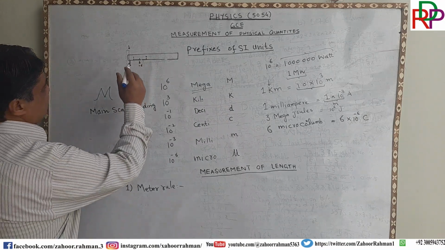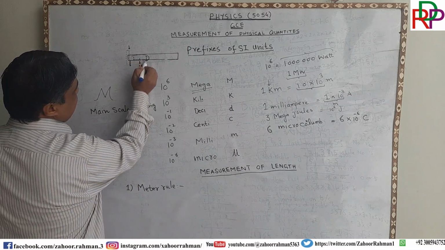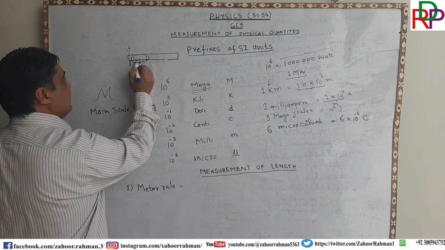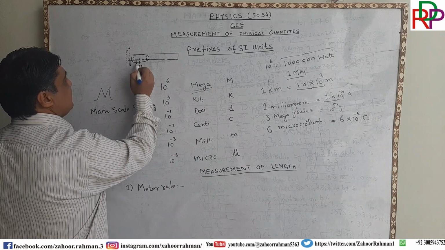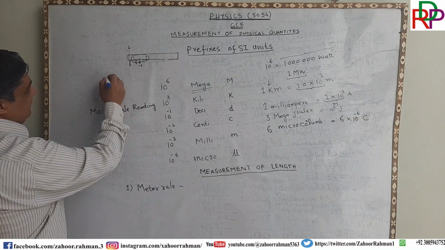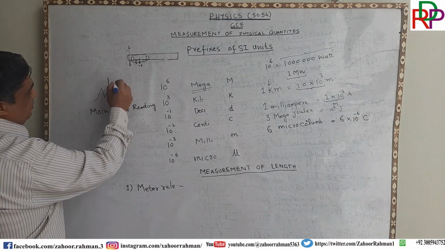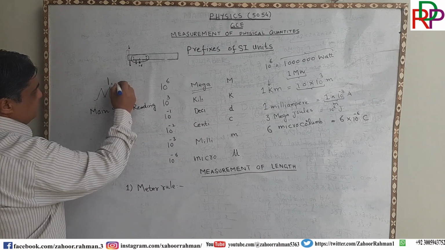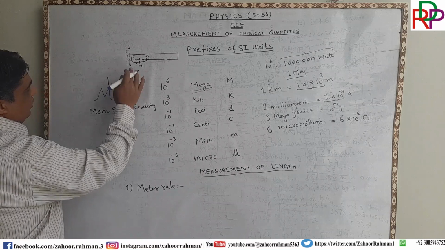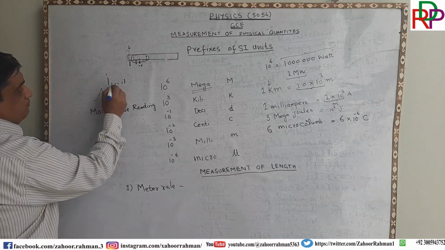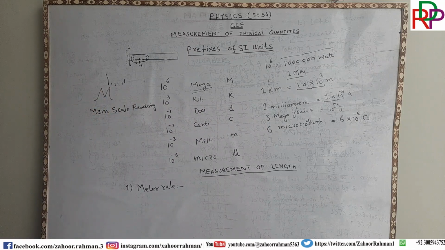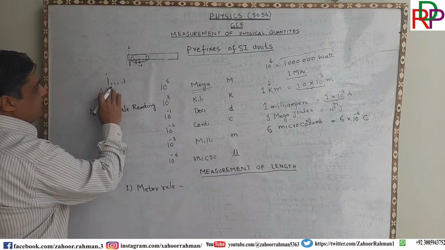If the circular scale 0 is in the middle of this, because this is 0, for example, if I am increasing it, it will be 1, 2 and then 3, 4, 5. This is 1.5. This is 1, so this is 1.1, this is 1.2, this is 1.3 and this is 1.4 and similarly we are having 1.5.